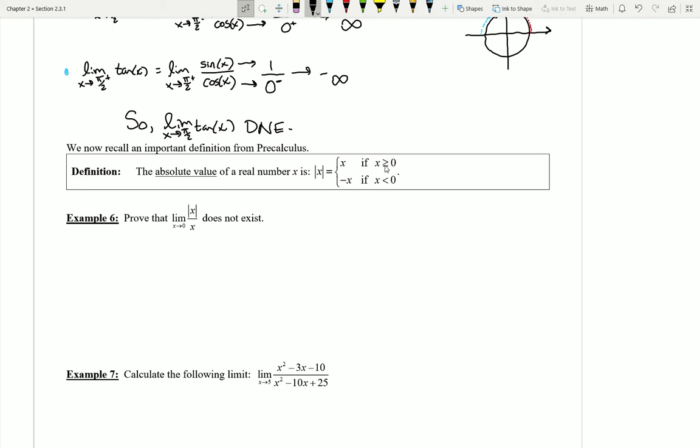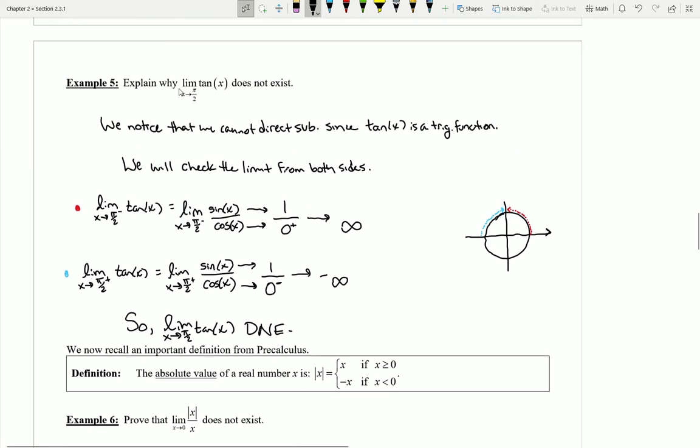If x is 0 or positive, then you don't really need the absolute value bars, you can drop them. But if you know ahead of time that x is negative, then instead of putting absolute value bars on it to make it positive, you could also just multiply it by a -1, and it will become positive. So we're going to use this idea to help prove that this limit does not exist.